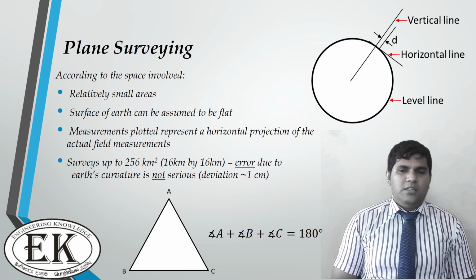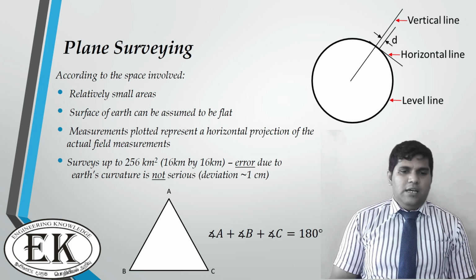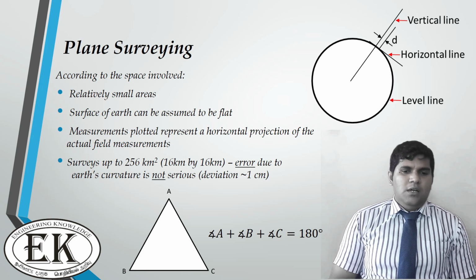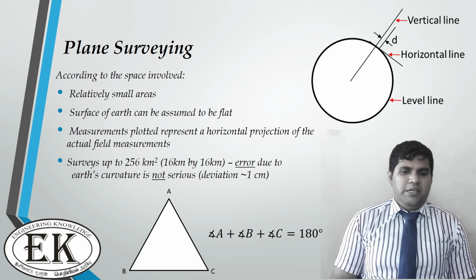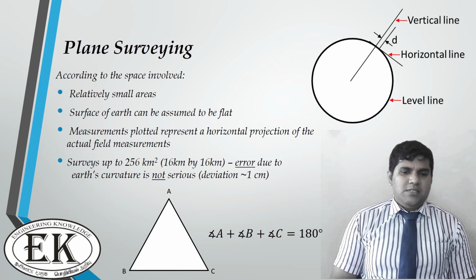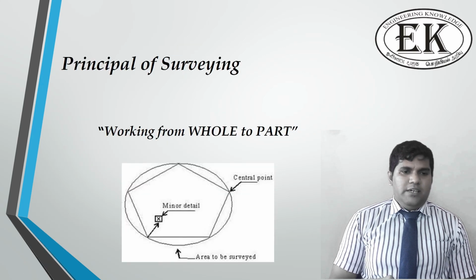So we can plot these measurements in the field, for areas up to 256 square kilometers. Actually, the area is 16 kilometers by 16 kilometers that we can take in plane surveying works. The errors due to the earth's curvature are not serious, because the deviation is around 1 centimeter. Here, if you add all the angles of triangle ABC, they are equal to 180, right? And we can move to the principles of surveying.